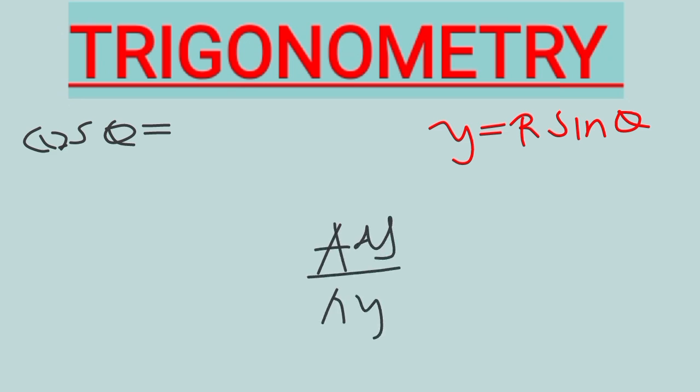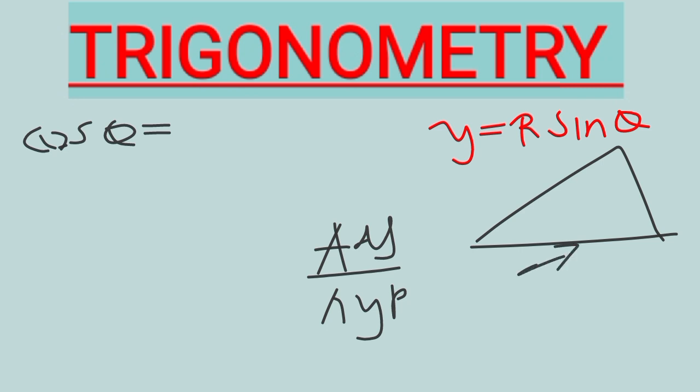Now let us find for cos. So cos theta will be equal to, we know that cos is adjacent over hypotenuse. And then adjacent is the side which was here, being represented by x, and the hypotenuse by r.